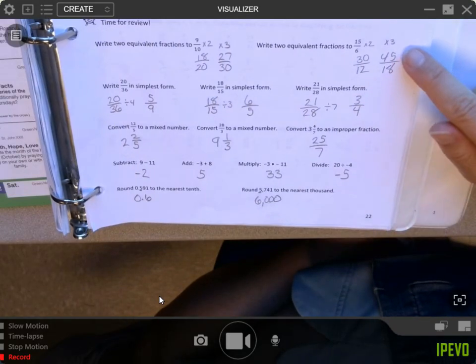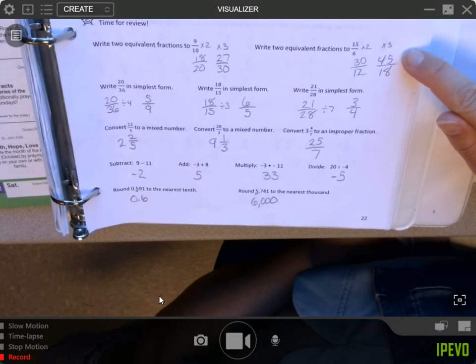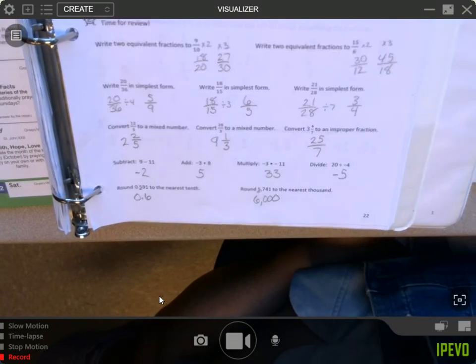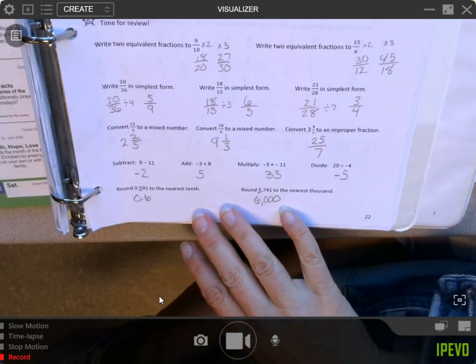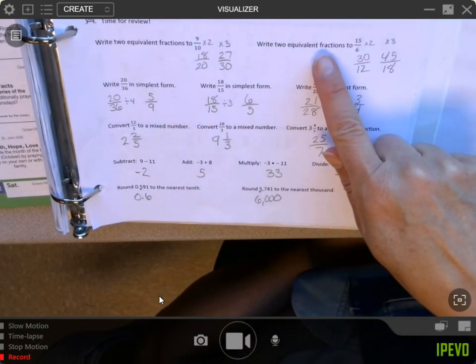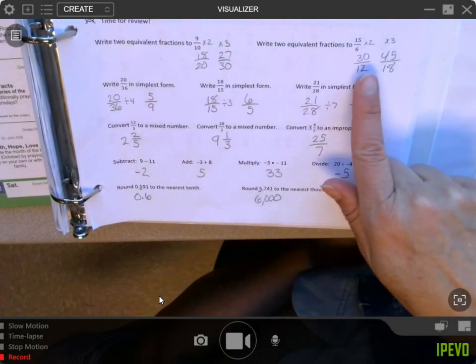Is there any that anybody wants me to check to see if it works? Lila. Okay, we haven't gotten down there yet. Sorry, I was talking about equivalent fractions. We're getting down. Okay, so let's just take it one row at a time.